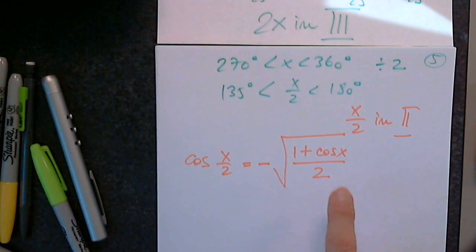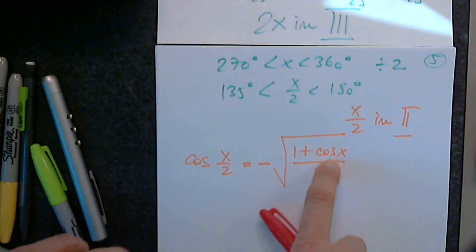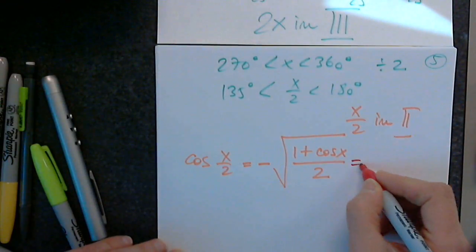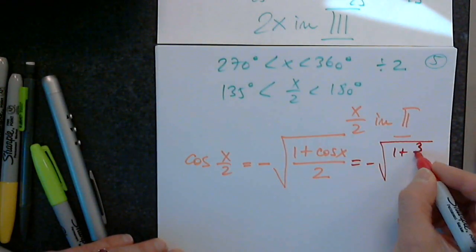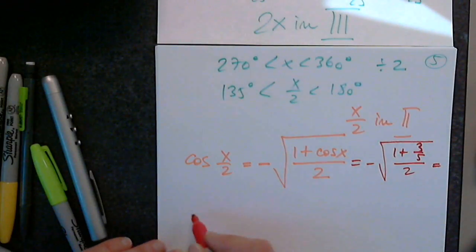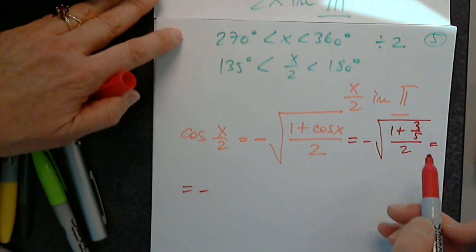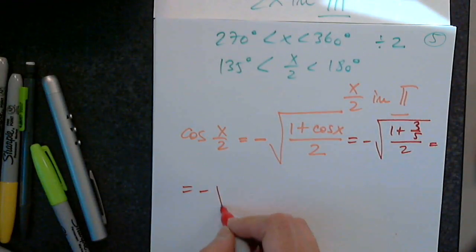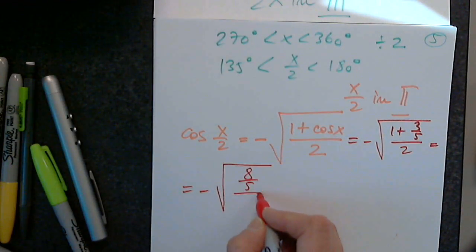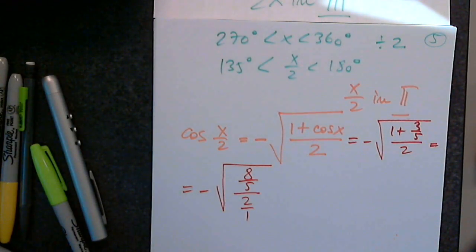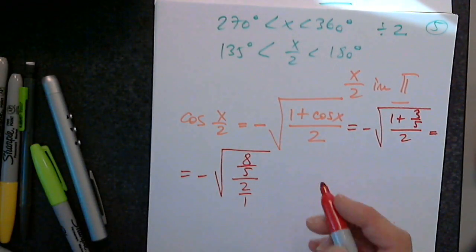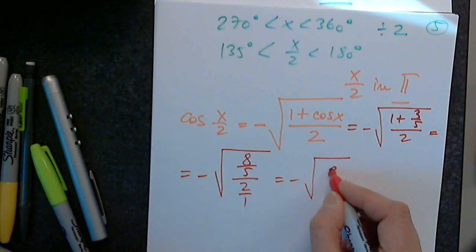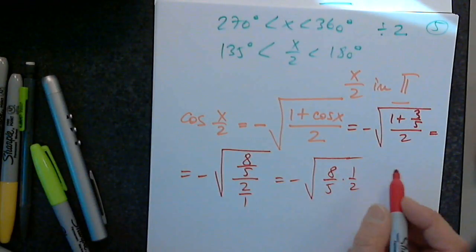Okay, so now all I have to do is just replace cosine by 3/5. And it's done. 1 plus 3/5 divided by 2, negative. So 3 plus 5 is 8. So the top is 8/5 and the bottom is 2 over 1. I have to flip. So negative 8 over 5 times 1 over 2.